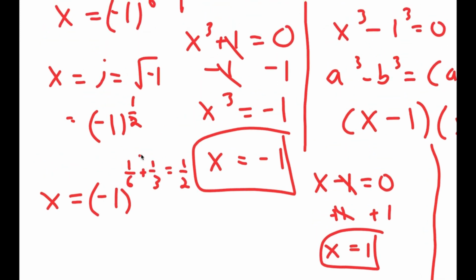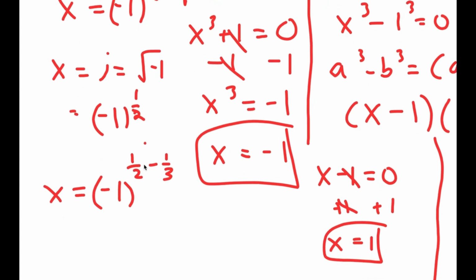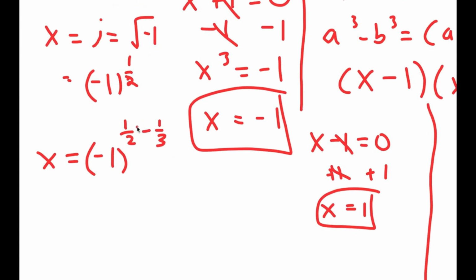We know this, meaning we have negative 1 to the power of 1 over 6, or sorry, 1 over 2 minus 1 over 3 is what we can rewrite 1 over 6 as. Now, this is the same thing as 1/2 plus negative 1 over 3.